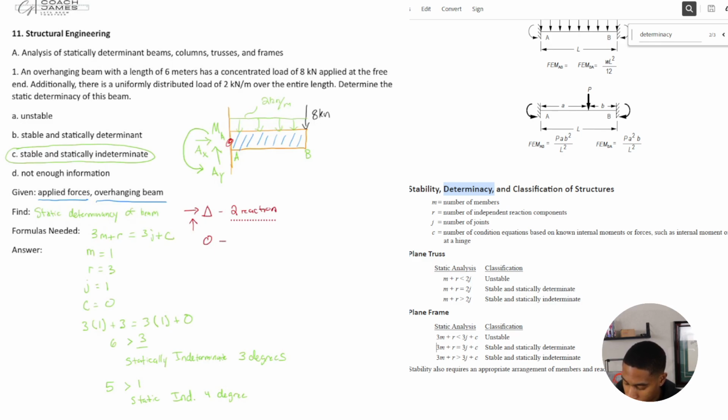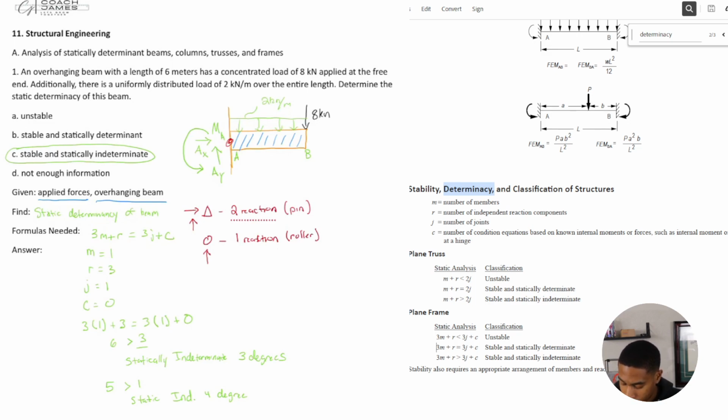What about for a roller? Call that a pin. Anytime you see a triangle, that's typically a pin. Anytime you see a circle, it's typically a roller. So the roller only has 1 reaction. And then that's symbolized as a roller.